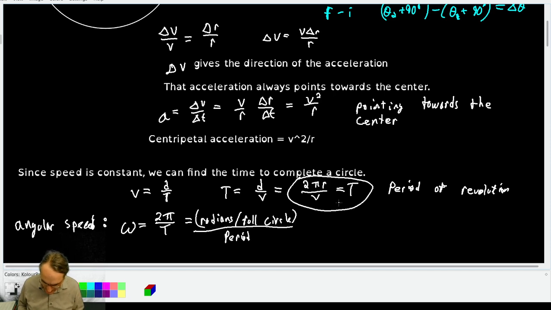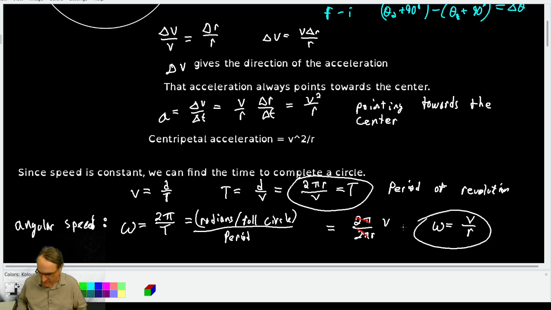If we take the period that we've just found, we'll find that omega is 2 pi divided by 2 pi r over v, so we'll invert and multiply. And omega is equal to the speed divided by r.